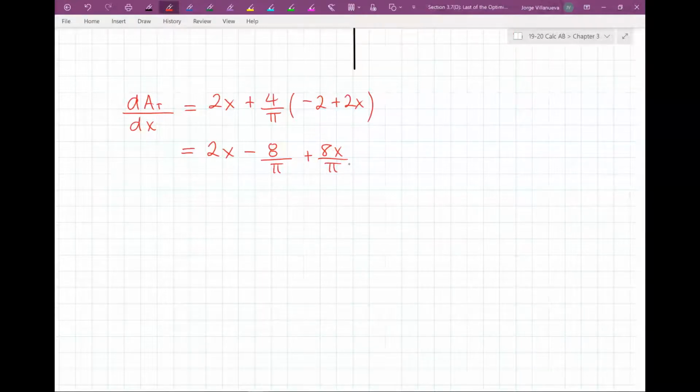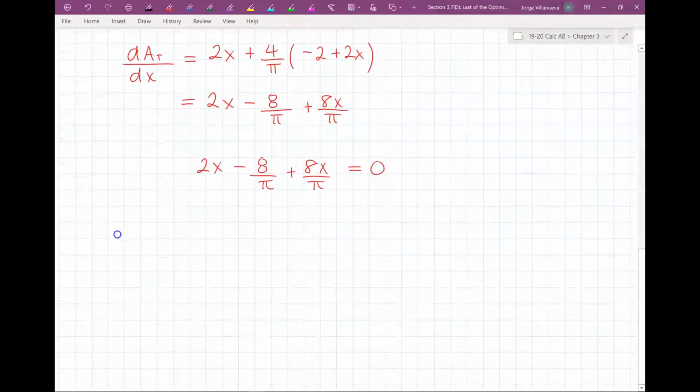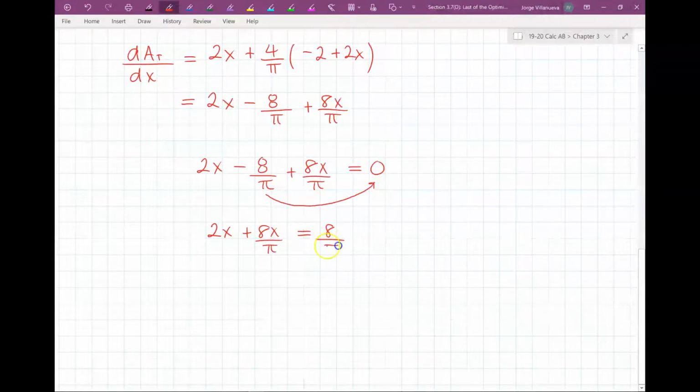Now I have to solve for x. Well, I got to set it equal to 0, right? So let's do that. 2x minus 8 over pi plus 8x over pi equals 0. Now I know this looks like it's going to be hard to solve. It's actually not that bad. Let's move the constant first, the negative 8 over pi. So that'd be 2x plus 8x over pi equals 8 over pi.